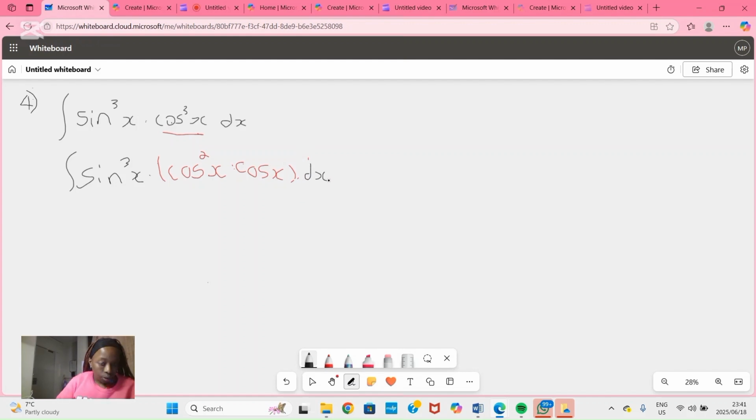So we are still continuing. We have integral of sine cubed x.